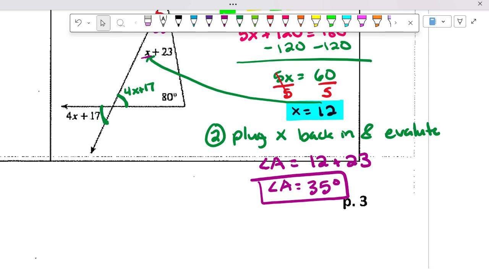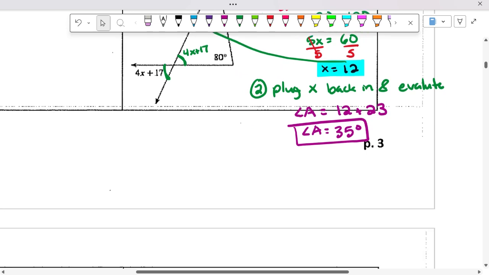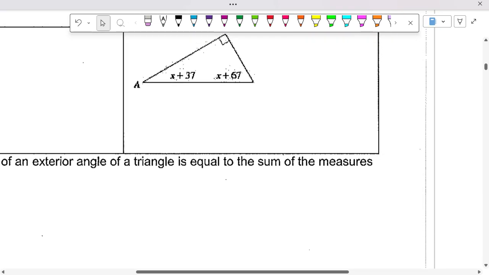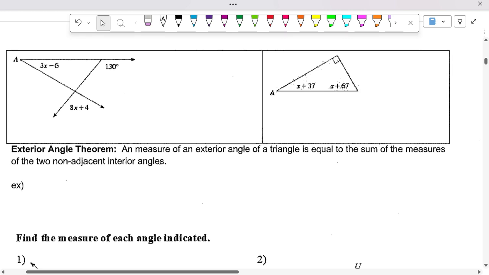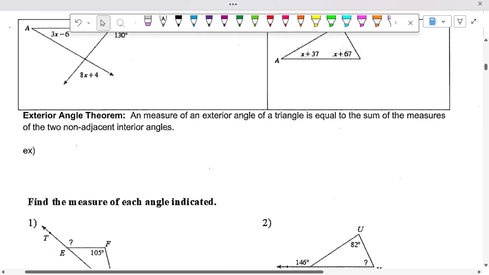Any questions on triangle sum theorem? All right. Now, let's look at the next page for a different theorem. This theorem is called the exterior angle theorem.